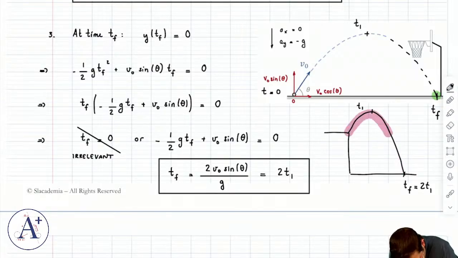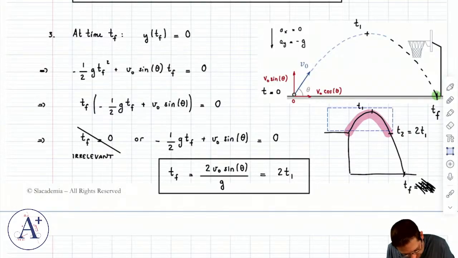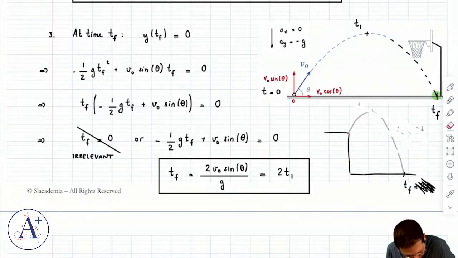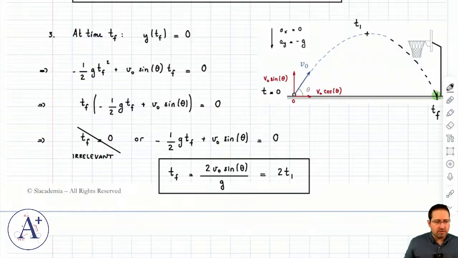You could say that if this is T2 here, T2 is 2T1, right? But T final is certainly not 2T1. So be careful about that, because it's really tempting to memorize T final is 2T1, but it's only true if you have the right symmetry. And in this case, the symmetry comes from the fact that we start at the ground level and we land on the ground. Like everything's flat.